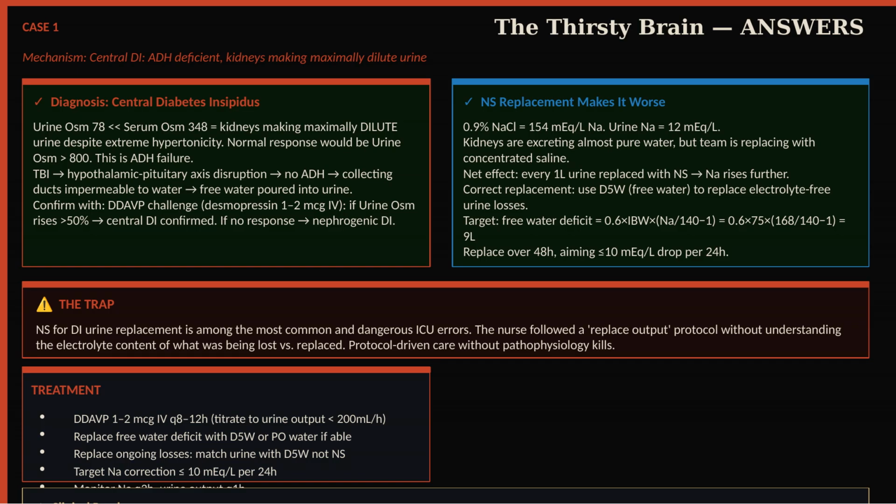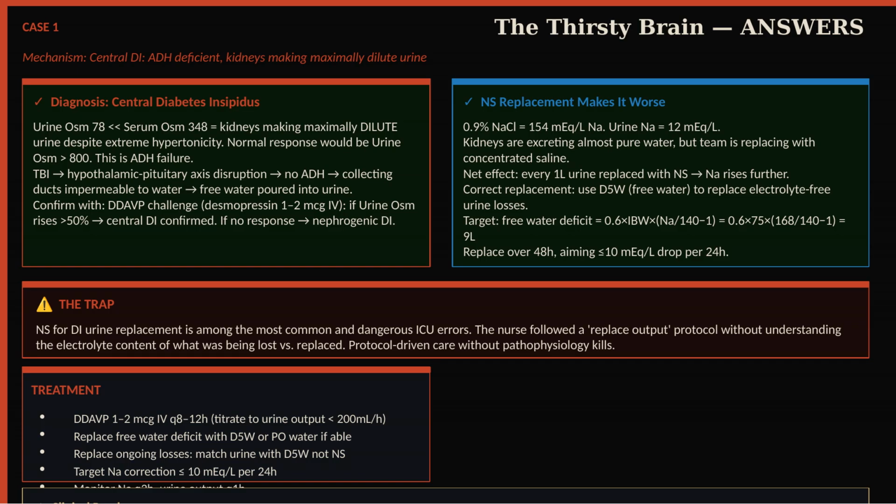A normal kidney here would crank urine osmolality above 800 to claw back water. 78 means ADH is simply absent. The mechanism: the head injury disrupted the hypothalamic-pituitary axis. ADH production failed. The collecting ducts went impermeable to water, and free water poured straight into the urine.